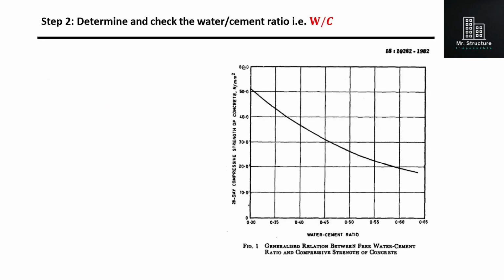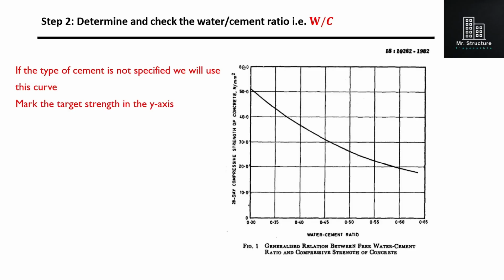In step 2, we determine the water-cement ratio and check it against the maximum value of water-cement ratio from the durability conditions. If the type of cement is not specified, we will use this curve. Mark the target strength on the y-axis and draw a horizontal line up to the curve.